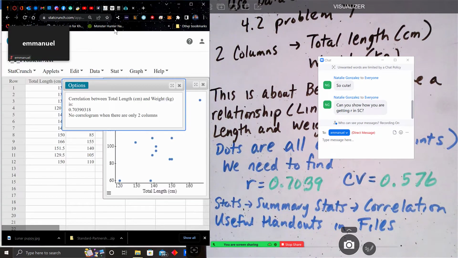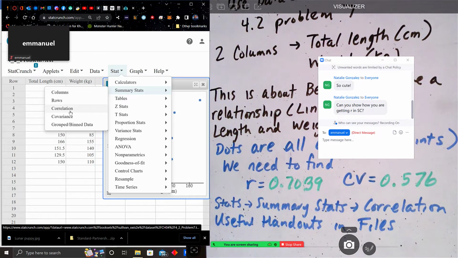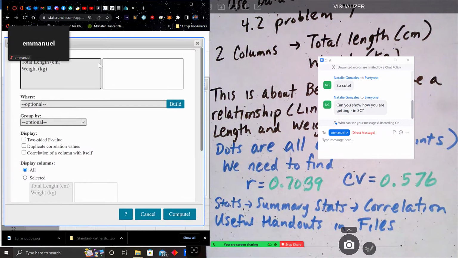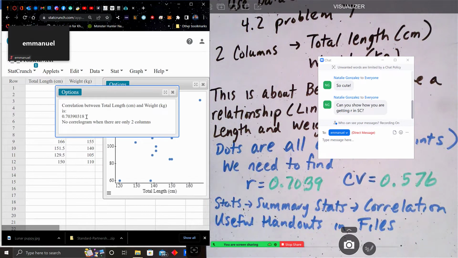Back to StatCrunch. What I'm doing is, in fact, I wrote it down here. Stats, summary stats, correlation. I select both columns and just click compute. There is another way to get this, and I'm about to show it.